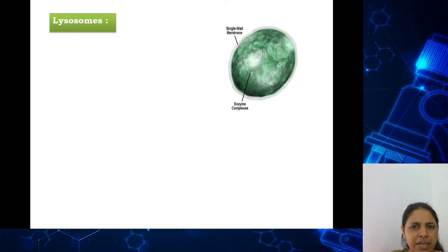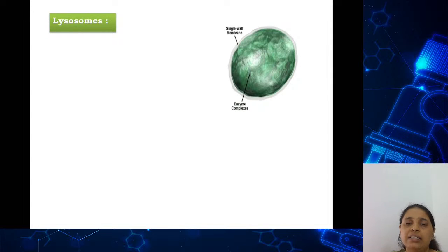There is a single membrane which is like the boundary of the lysosome, and the inner space is filled with different types of digestive enzymes. These digestive enzymes help in the digestion of complex materials and convert them into simpler nutrients which can be easily used by the cell.